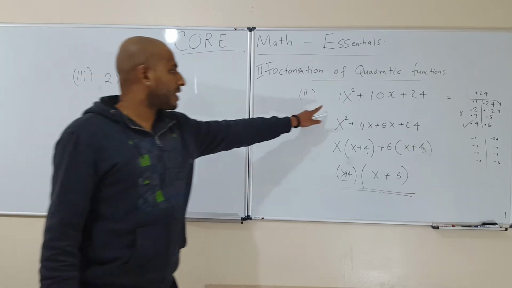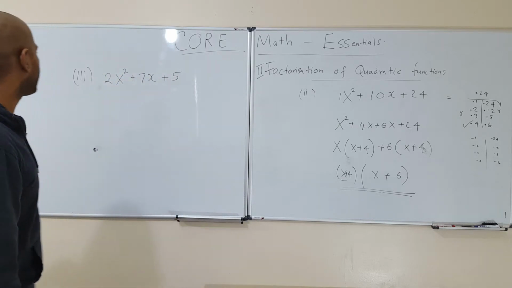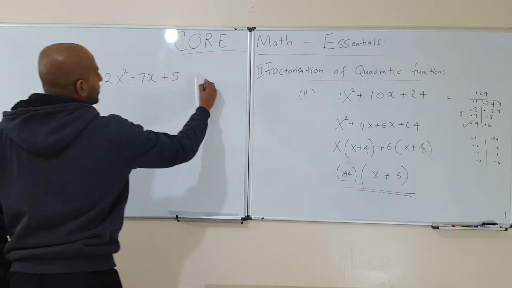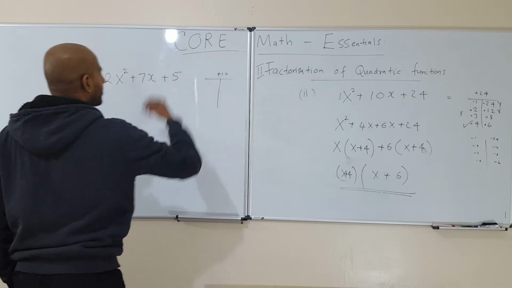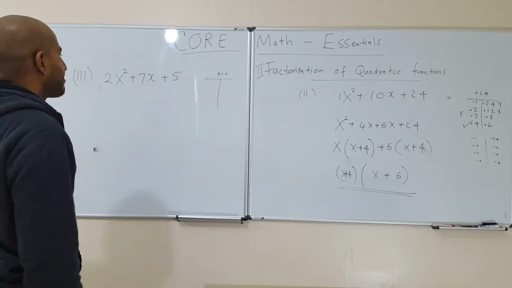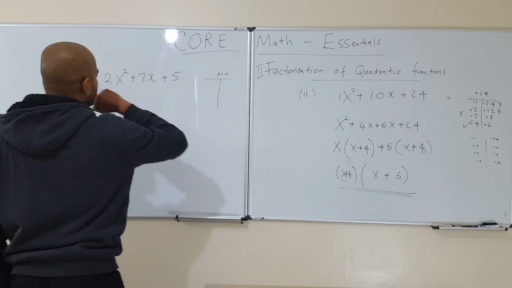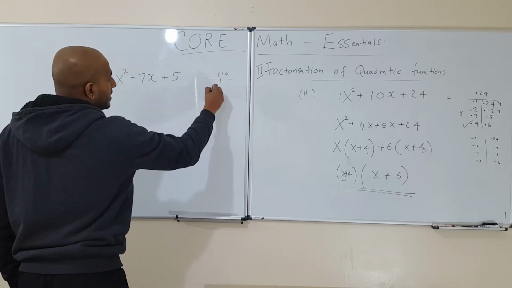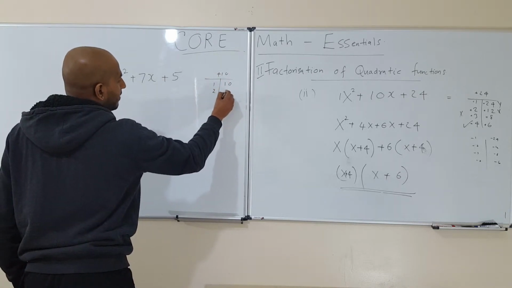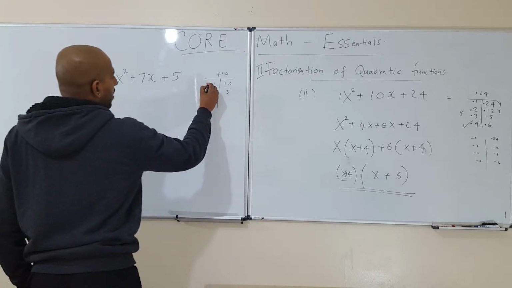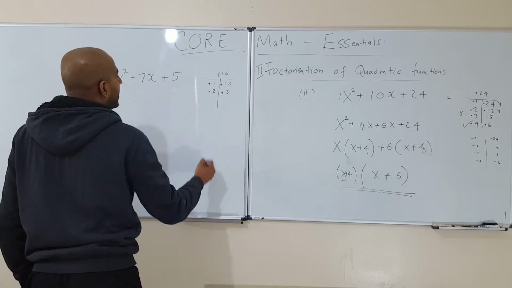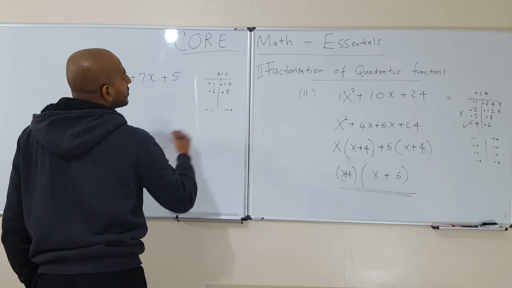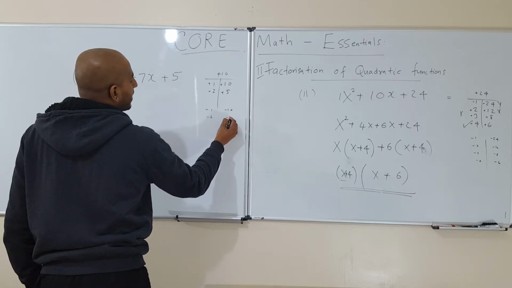Before we had 1, but the exact same method can be followed. 2 times 5 is plus 10. We can factorize it: 1 times 10, 2 times 5. These are all our plus values. And also we can write minus terms: minus 1 times minus 10, minus 2 times minus 5.